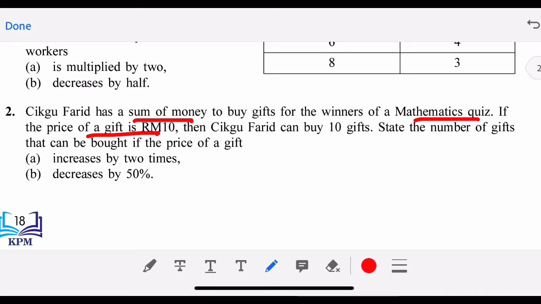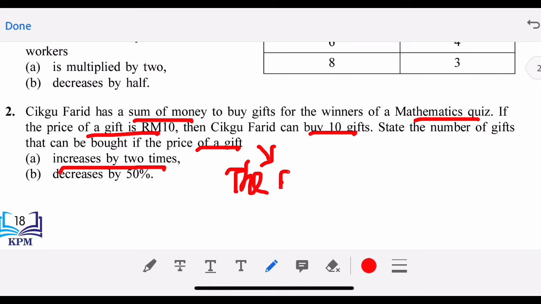Then Cikgu Farid can buy 10 gifts. State the number of gifts that can be bought if the price of the gift increases by 2 times. So if the price of the gifts increases by 2 times, then the number of gifts will be half, isn't it?